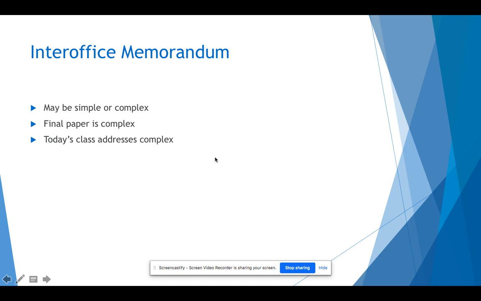So for your interoffice memorandum, you have the option of having it be either a simple or a complex format, and we're going to talk right now about a complex one in anticipation of you writing your outline for your final paper, which is going to follow this complex format in chapter 16 of the Stasky book, the navy blue book.